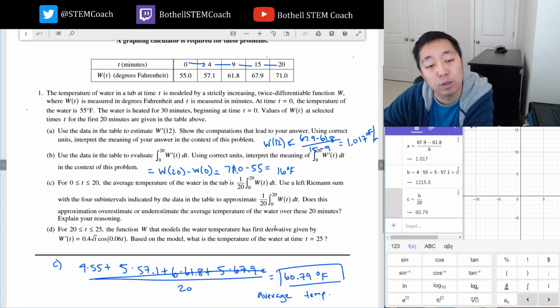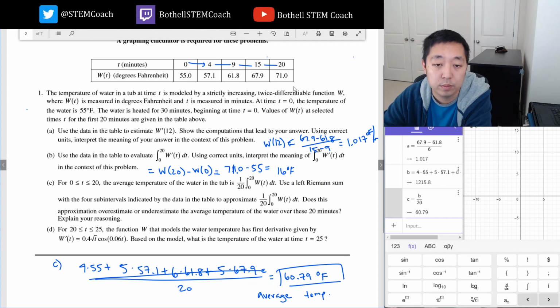Now, is this an overestimate or an underestimate? Let's see, it's an increasing function. It's an underestimate because the temperature is increasing.